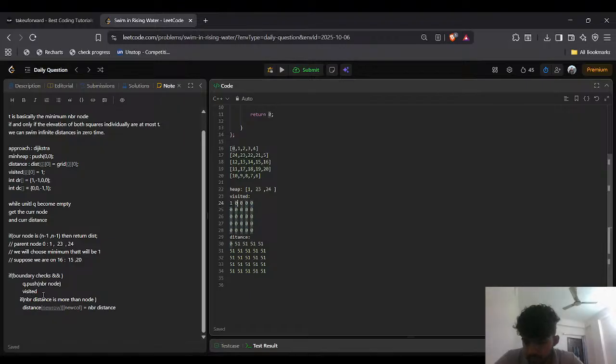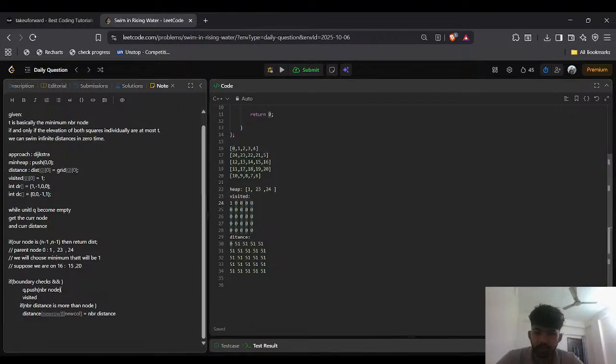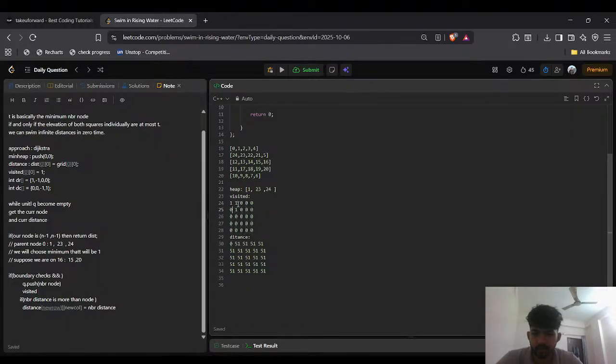First of all, we need to push and mark as visited. So we need to mark them visited. Of course, we didn't apply distance. 1 is here.